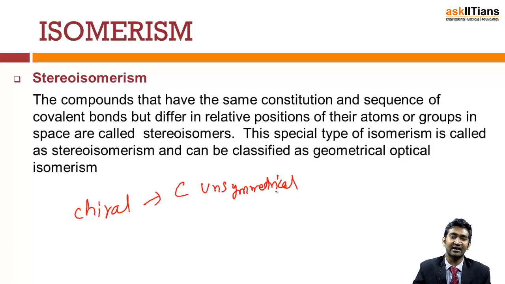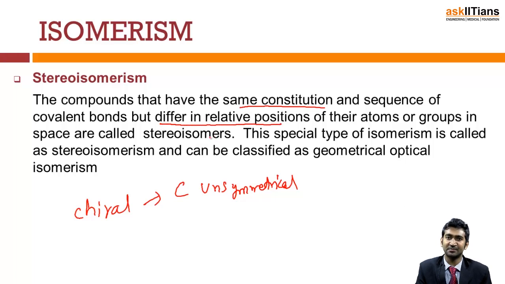That is what is my chiral carbon atom, and that gives me the property to get my stereoisomers. So stereoisomers have the same constitution, but their sequence of the covalent bonds differs in 3D space.